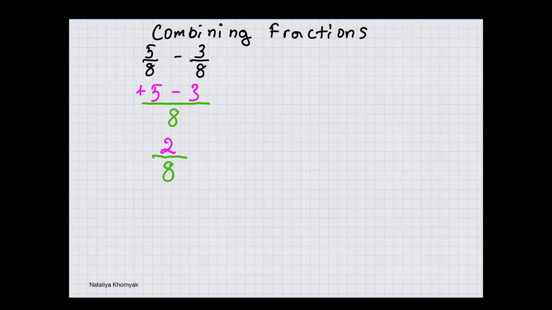However, you need to be able to simplify fractions so they are in reduced form. One way of doing that is to pick the largest number that can be evenly divided into the numerator and denominator at the same time. So 2 and 8 are both even. We can divide both of them by 2.